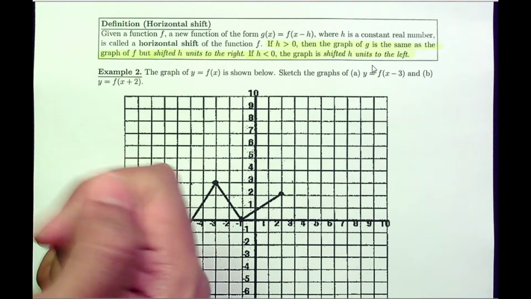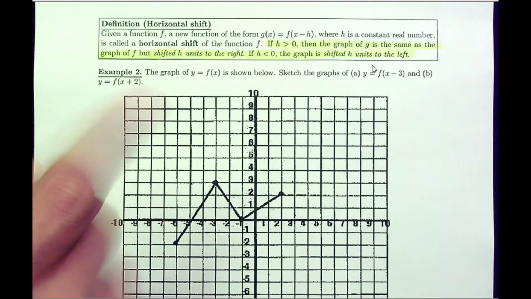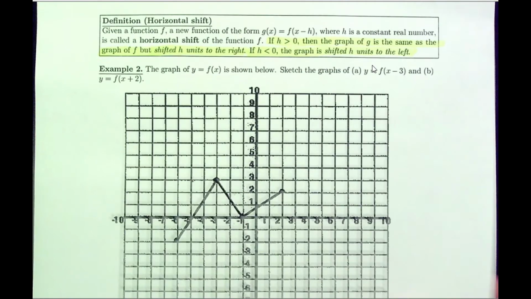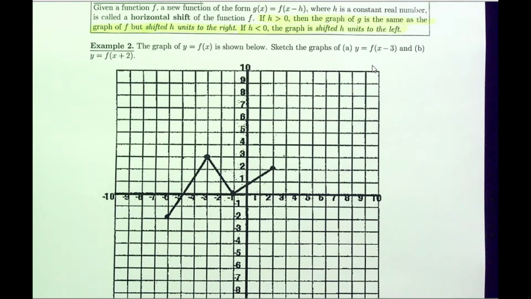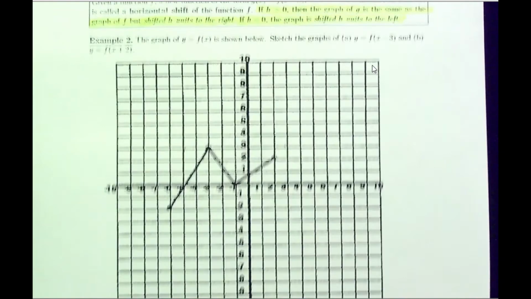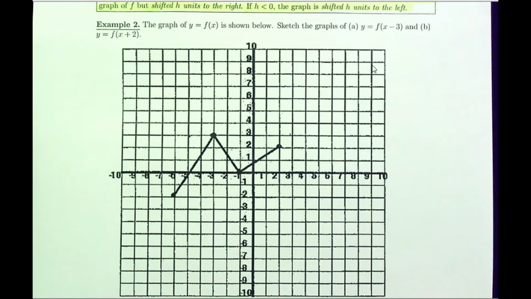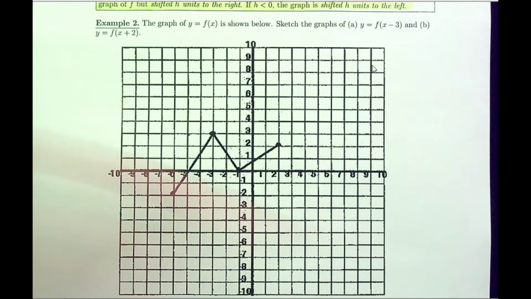If you have a -5 inside, the whole thing moves right. So plus moves to the left, minus moves to the right, which is a little bit opposite of what you would expect, because negative numbers are on the left, but if you have a negative number inside, you move to the right. Okay, now let's get to it and draw the first example.